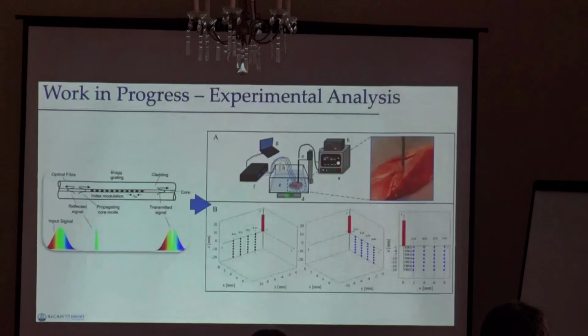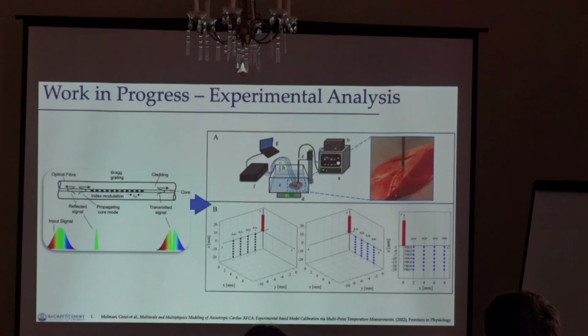From the experimental point of view, we try to make a step further. So eventually you can measure the thermal map on the endocardium, but what's happening inside, right? So with a collaboration in my institute, we made use of fiber Bragg sensors that you can insert inside the thickness, and you can measure locally the thermal state in time.